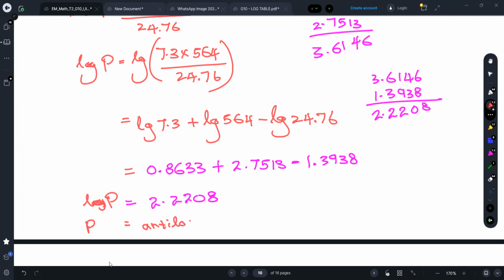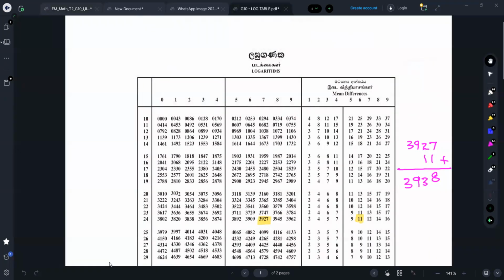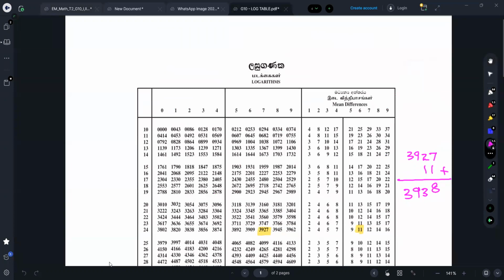Then antilog of 2.2208. 22.08. 22 here. 22.01 we have.